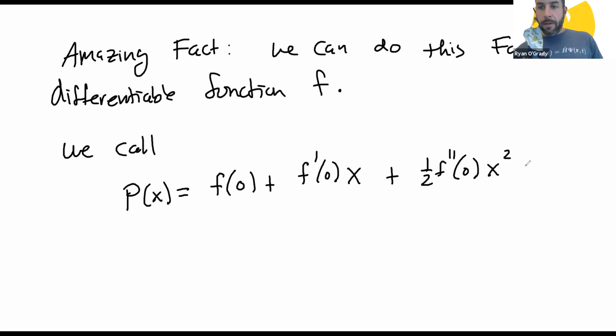And then this pattern is going to go up until we want to stop at any value of n. And so what's the general pattern? It's the same as before. It's the nth derivative evaluated at 0 over n factorial times x to the power n.